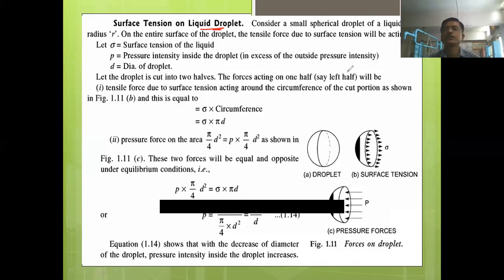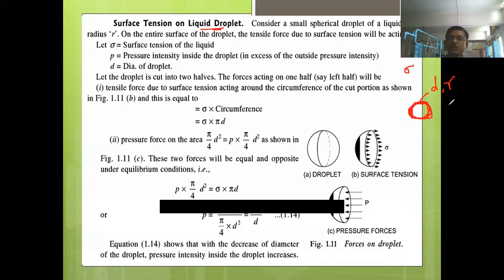Okay, sigma is equal to force per unit length. So let us consider a spherical droplet having diameter d or radius r, and sigma is the surface tension. It is acting on this spherical liquid droplet, on this entire surface.